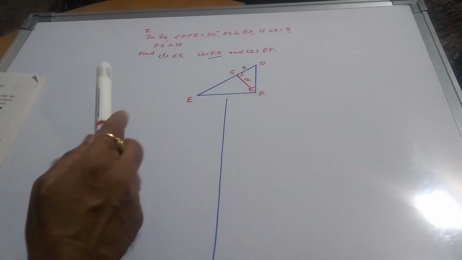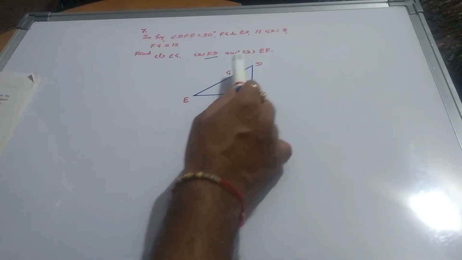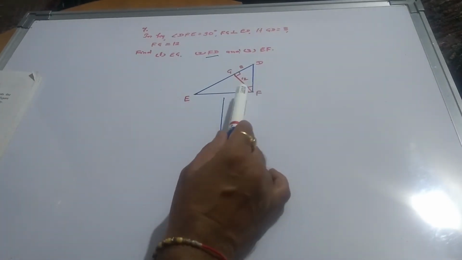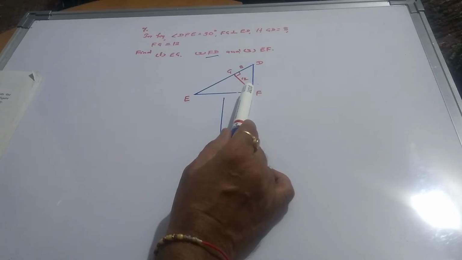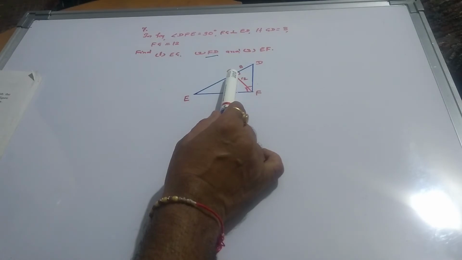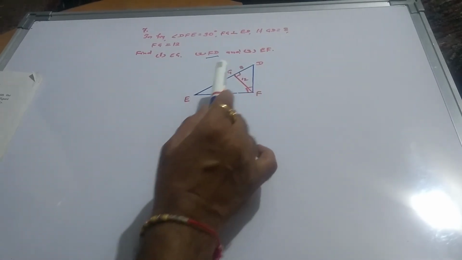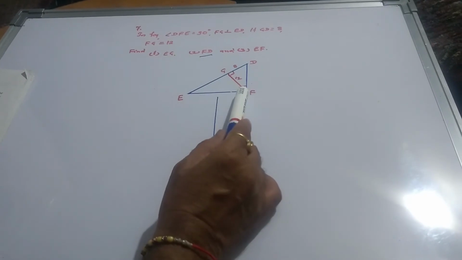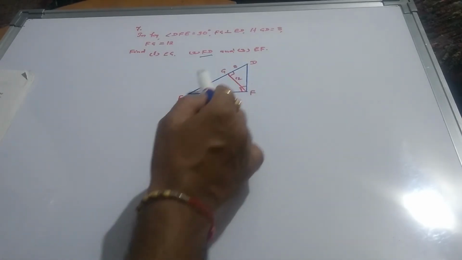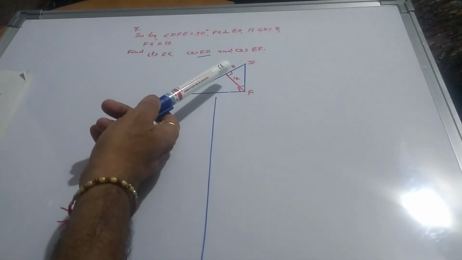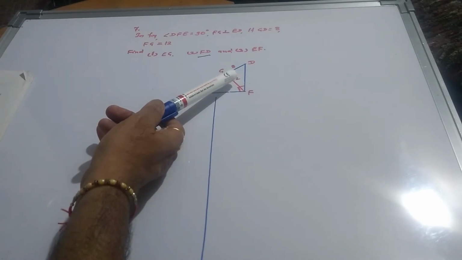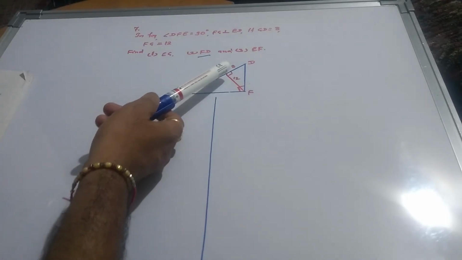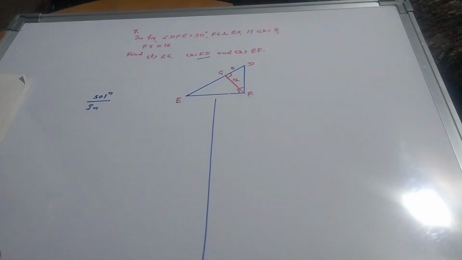Now here in triangle DEF, angle F is 90 degree. बघा, in triangle DEF, F is 90 degree and FG perpendicular to DE. Then this segment G is known as a geometric mean.